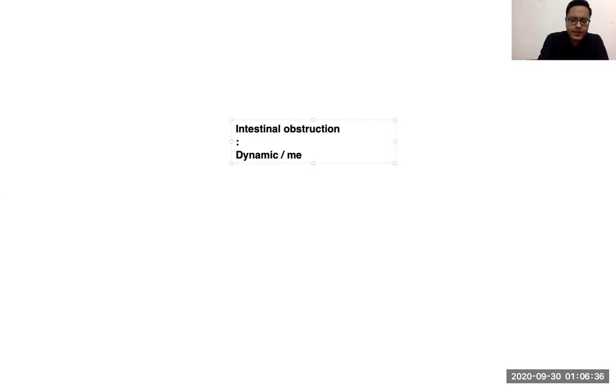Mechanical obstruction means there is a mass, there could be some condition like stricture, or there could be adhesion or band formation, there could be bezoar, there could be gallstone. This is also a cause of mechanical obstruction.